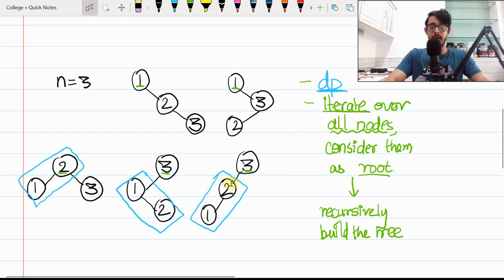We have repeating sub-problems, so maybe we can use DP. So we've figured out two things. Maybe use DP and iterate over all the possible nodes, considering them as root each time. And then maybe we can recursively figure out how to build the tree. And that's it. That's the core logic of the solution.